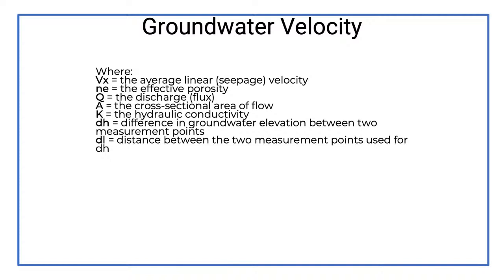This is an approximation because you're flowing in and around sand grains, so it's not actually a linear flow. At a microscopic level, you're taking a more circuitous route. But this gives us a linear approximation, which is relatively easy to do, to tell us how fast our groundwater is flowing.